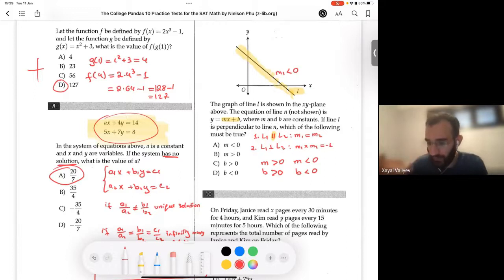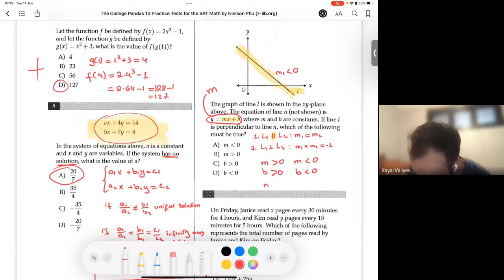And the given line n, which is not shown in this graph, has the slope m. This is the equation of line n, with slope m, and it is perpendicular to this line. If it is perpendicular, then if I multiply m by m1, which I know is less than 0, that's going to give us negative 1.